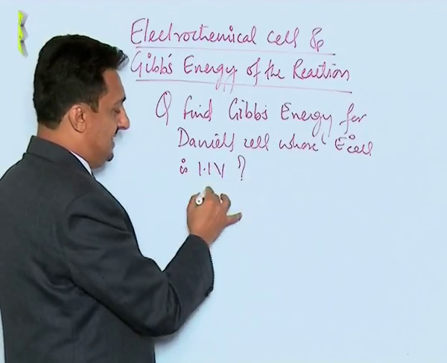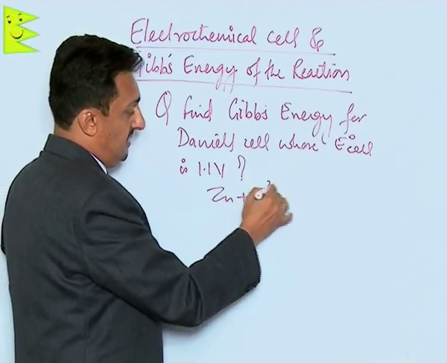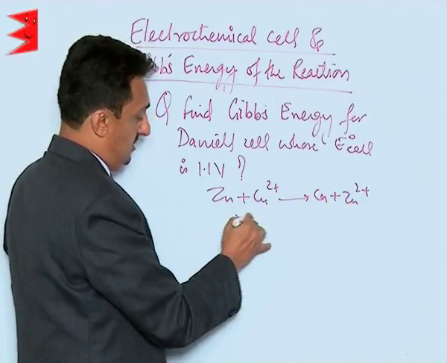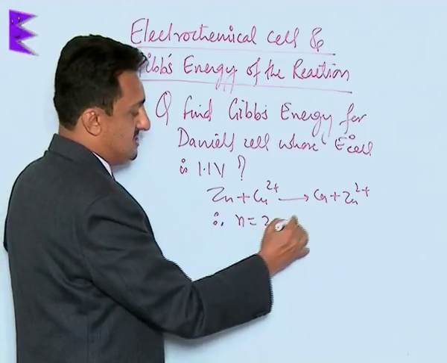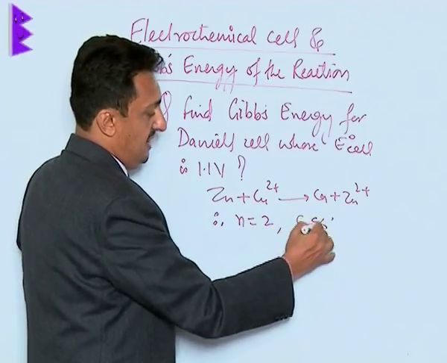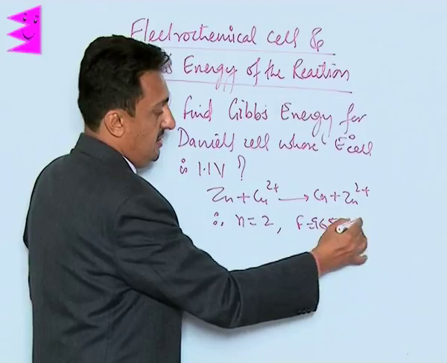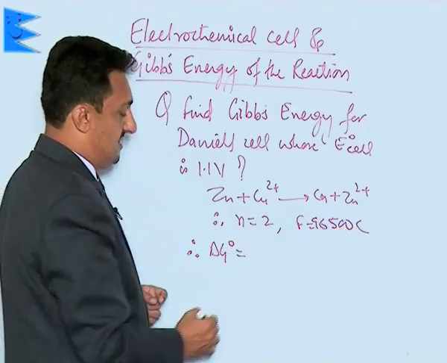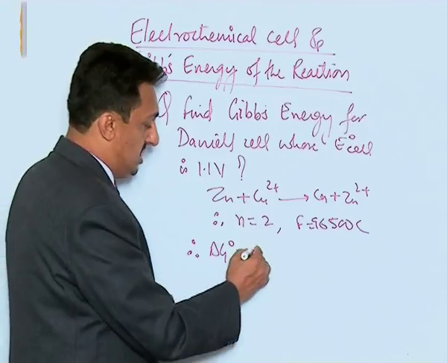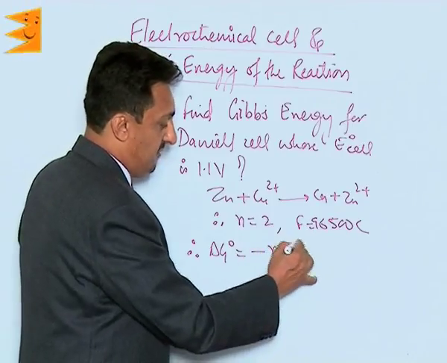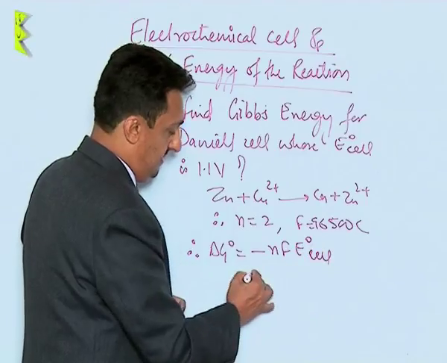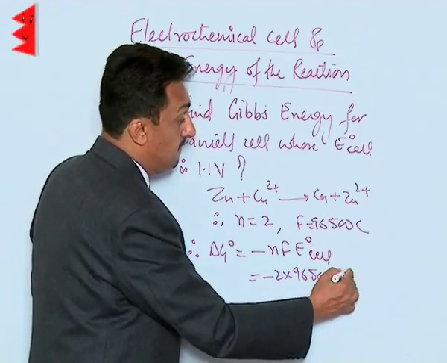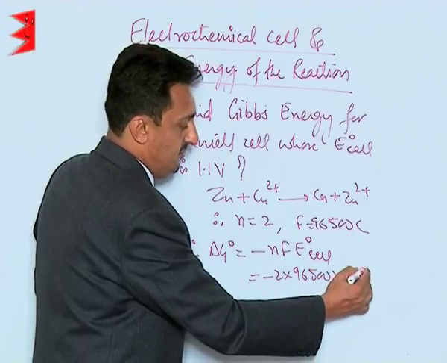Now we know in the Daniell cell the zinc gets oxidized, copper gets reduced, so therefore n is 2, F is 96500 coulombs. So therefore the standard Gibbs energy change will be equal to minus nF E naught cell, minus 2 into 96500 into E naught, which is 1.1 volts.